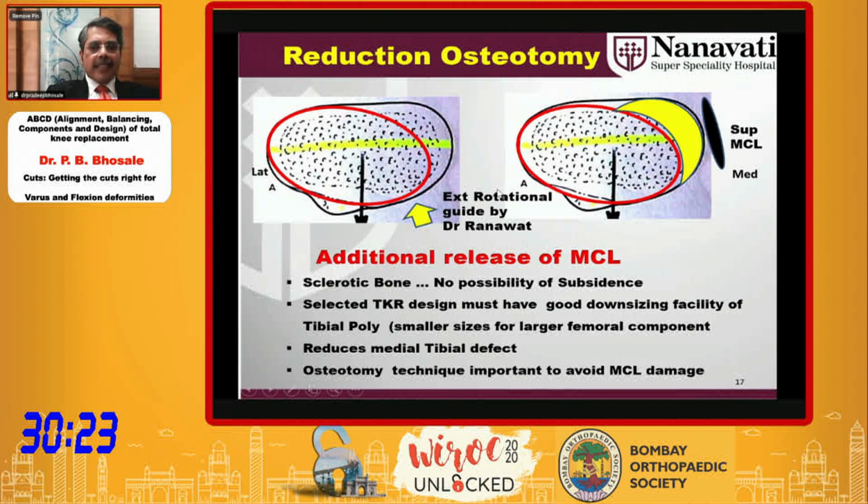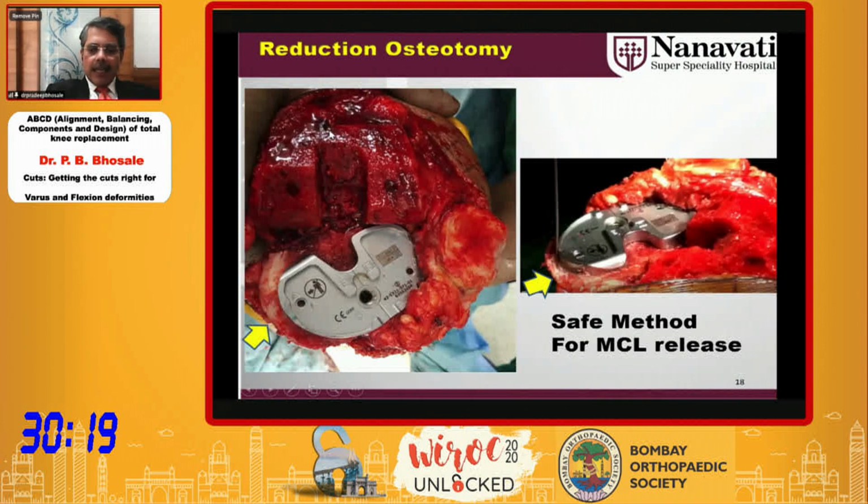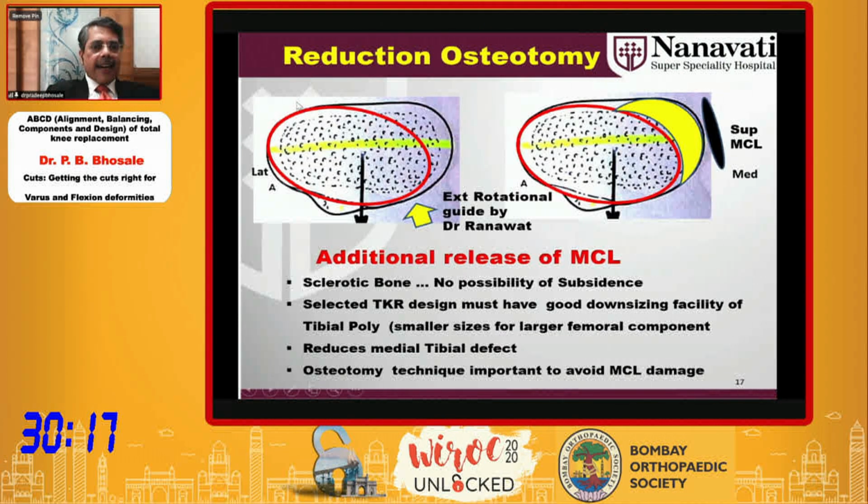As Dr. Ranawat has shown, the external rotation is best if you align laterally, that is the size which gives the best fit for the tibia, and it should be touching the anterior medial part. So this gives the anatomical, best natural external rotation.